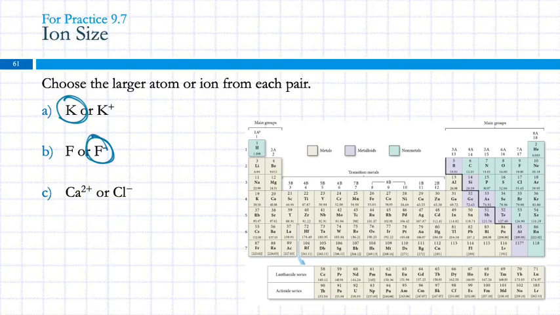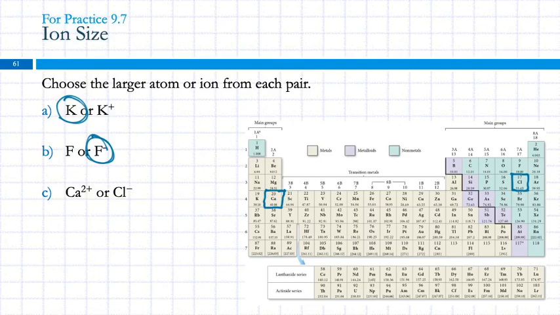Ca2 plus or Cl minus? We don't really need a periodic table here, but we have one here. So if you do what we did with the other ones and find them on the periodic table, you're like, oh, I don't know.